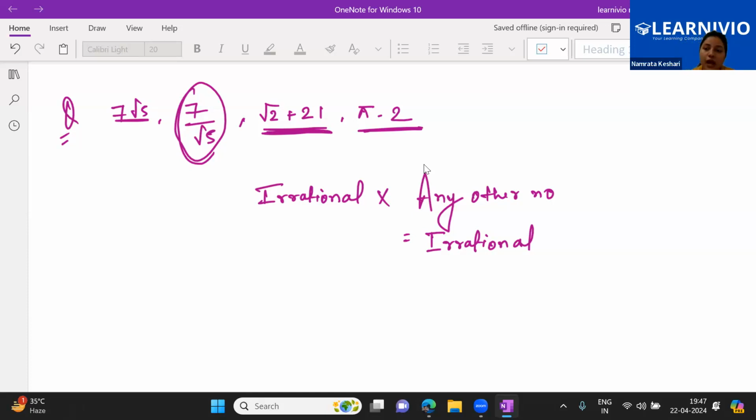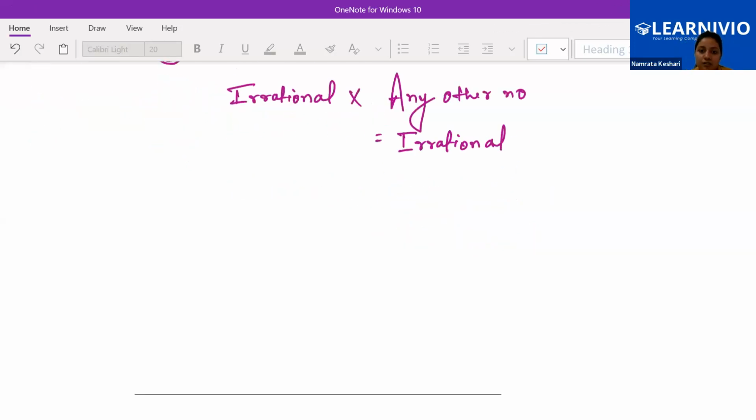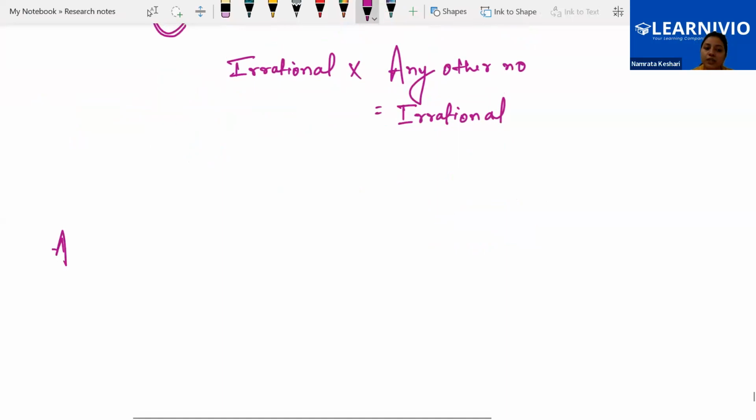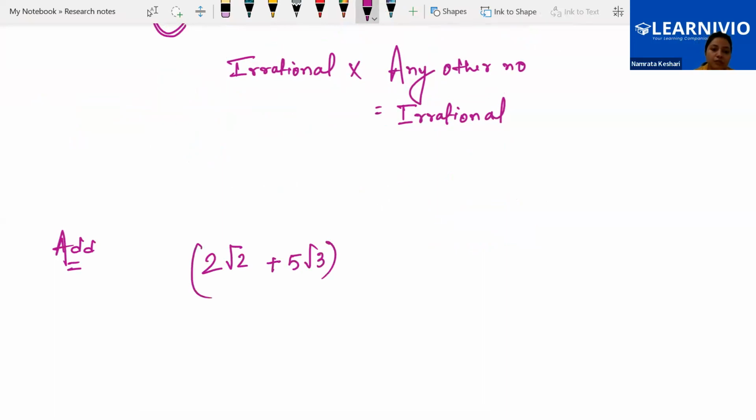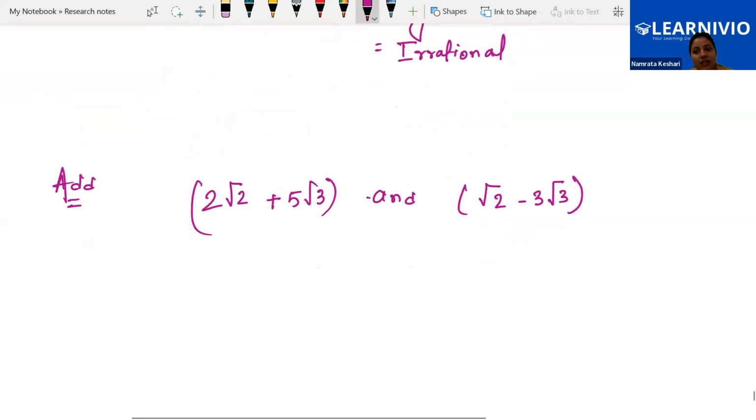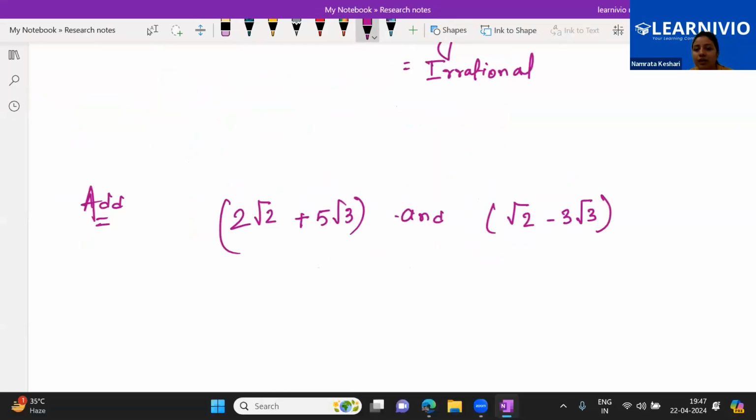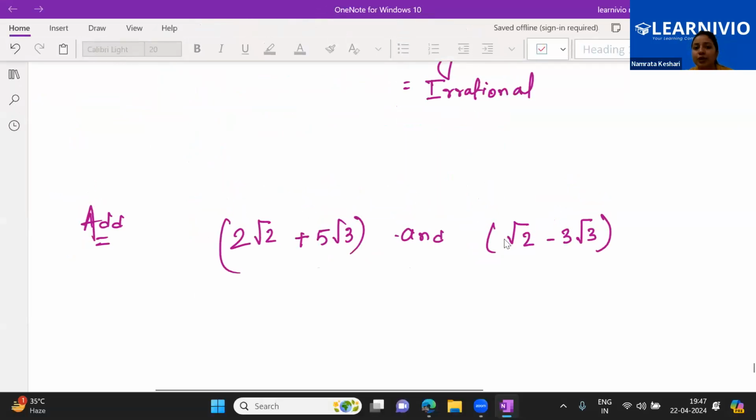If we have to add this type of numbers, the simplification related to irrational numbers is also here: 2 root 2 plus 5 root 3 we have to add to square root 2 minus 3 root 3. These are irrational numbers, how will we add them? Please try it and let me know what you are getting. When we add these two, what are we going to get?